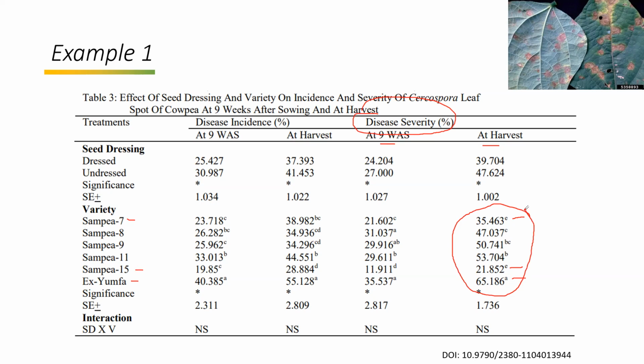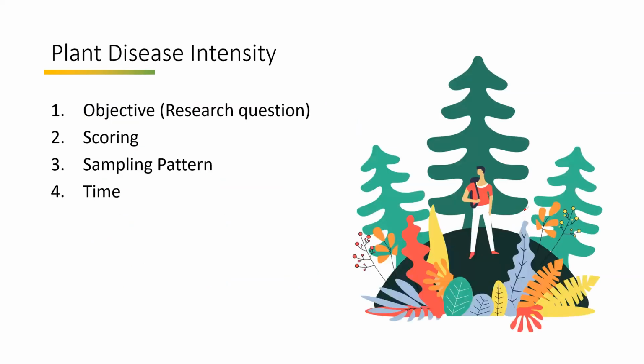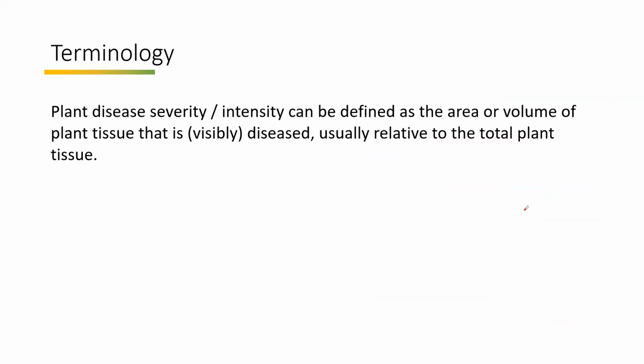First, before we do observation, we need to determine our objective: why we conduct monitoring, why we need to monitor the disease intensity, why we need to observe disease severity. Number 2 is doing scoring.